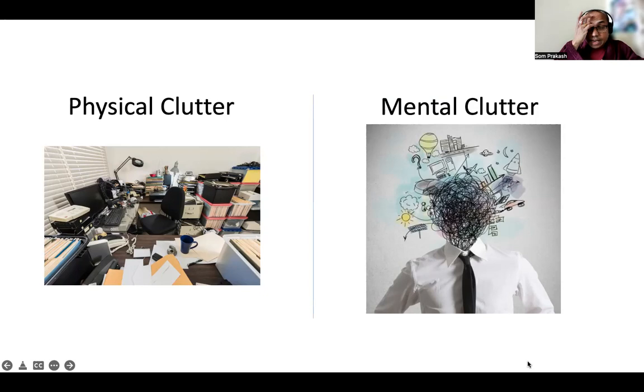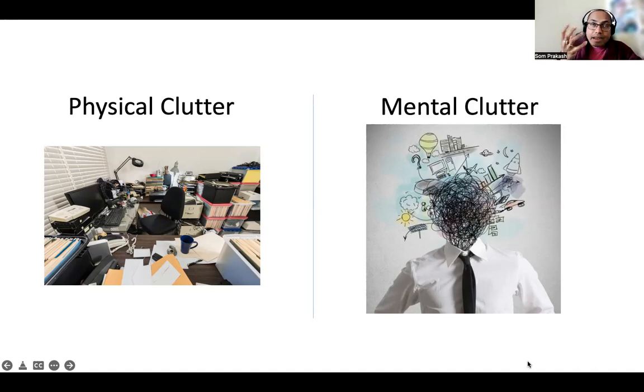But the second thing of physical cluttering is when you want to clean it, but you do not know how. That means your mind hasn't thought it through, because everything before it happens physically, it happens in your mind.